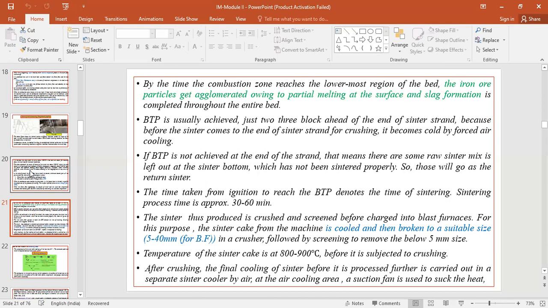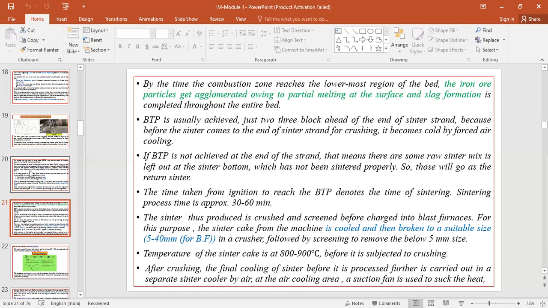The sinter that is produced will be crushed and screened before we charge it into the blast furnace. For this purpose, the sinter cake from the machine is cooled down on the annular cooling system, and then broken into suitable sizes. Generally, for the blast furnace, we maintain a size of around 5 to 40 mm.